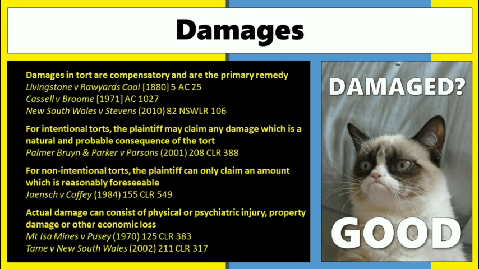Now, the final thing I'll add is that usually you are being compensated for economic loss, or the damage, or again, whatever the money amount that's required to put you back to the situation that you were in. And this can include psychiatric illness or injury.